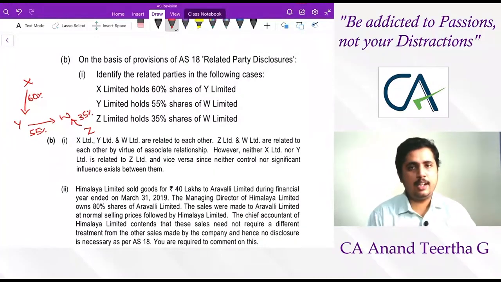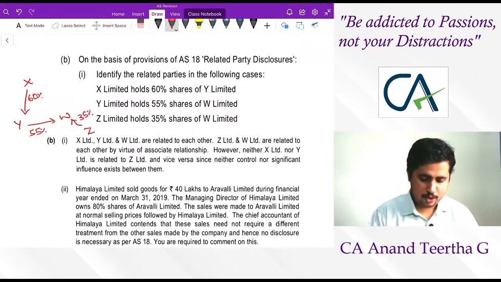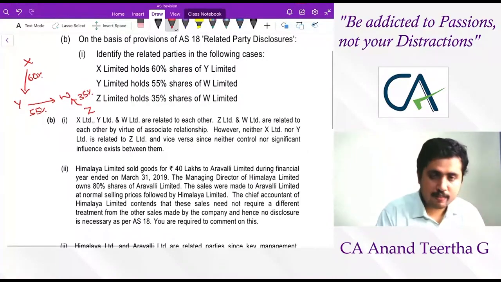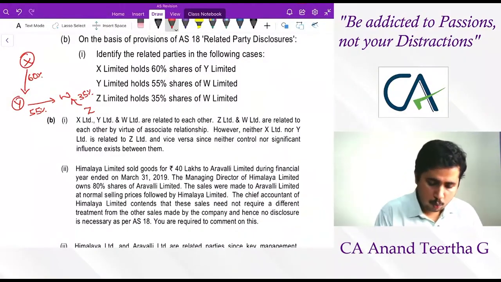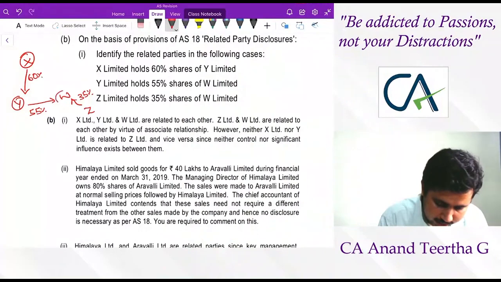So try to understand. Control can be direct or indirect. Influence can be direct or indirect. Anything is fine. So first, whether X and Y are related party, yes, because control is there. What about Y and W? Again, it's there. So X to Y, yes.